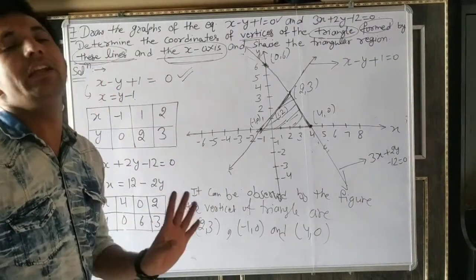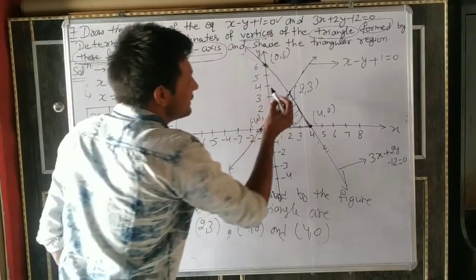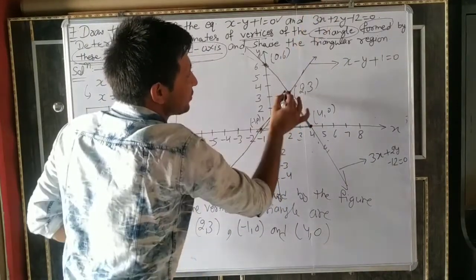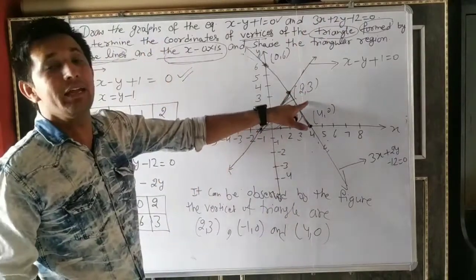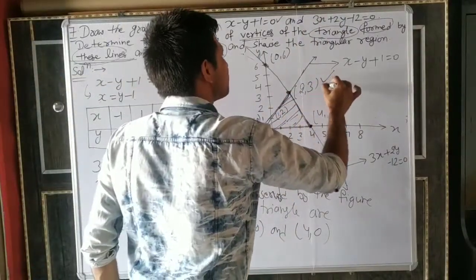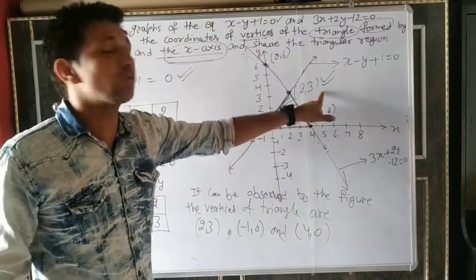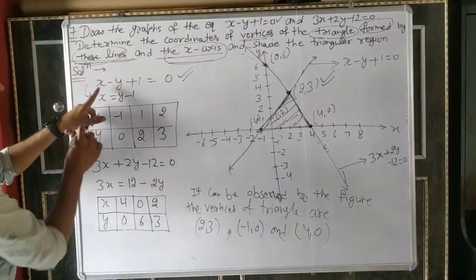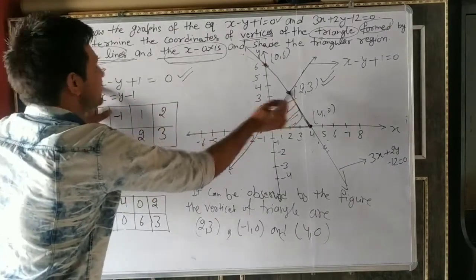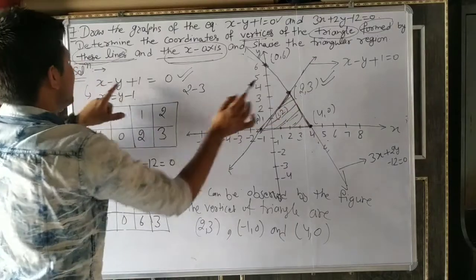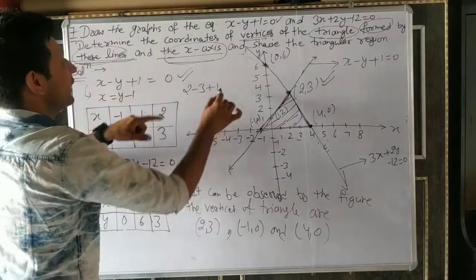You can check it here again. We observe that this point is the common solution, because this point is lying on both of the lines. So it means this solution definitely satisfies both of the equations. Look at x is 2: 2 minus 3, y is 3, plus 1 equal to 0.